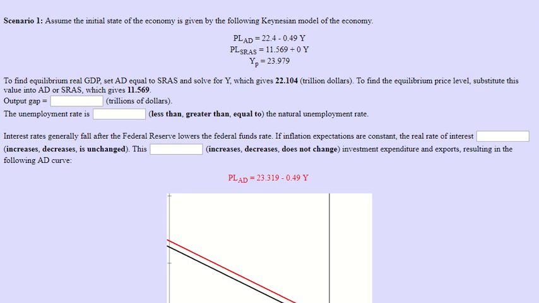Fiscal policy, Congress and the president cut taxes or increase government spending to push aggregate demand out so that GDP is equal to potential and unemployment falls from a high level to the natural level, the normal level, if you will. Here, the Fed is going to lower interest rates by expanding the money supply to stimulate the economy using money and low interest rates.